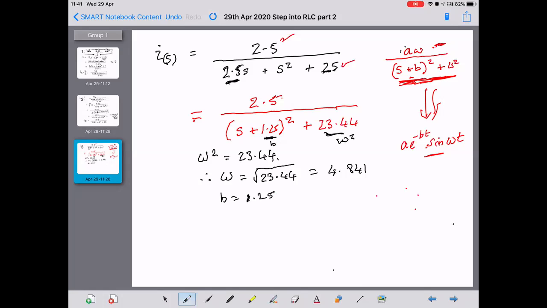And we know that I times omega, this 2.5 here, is I times omega. So I times omega equals 2.5. Therefore, I is equal to 2.5 over omega, which is 2.5 over 4.841.